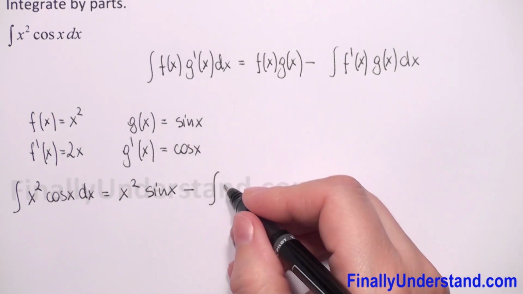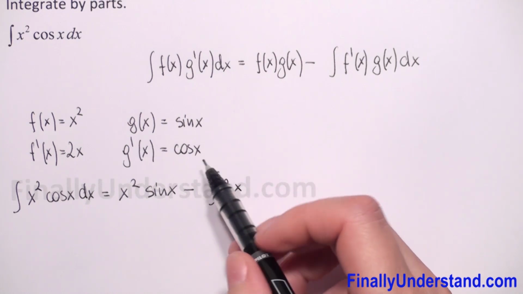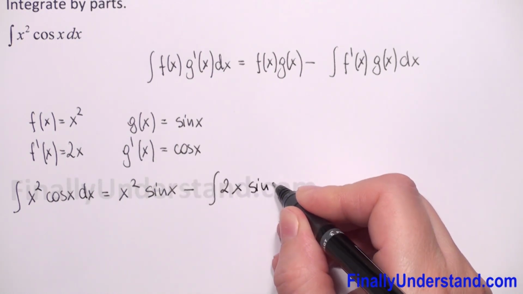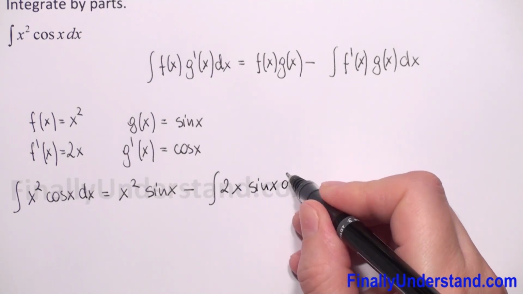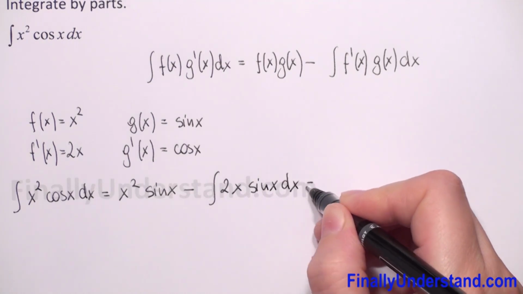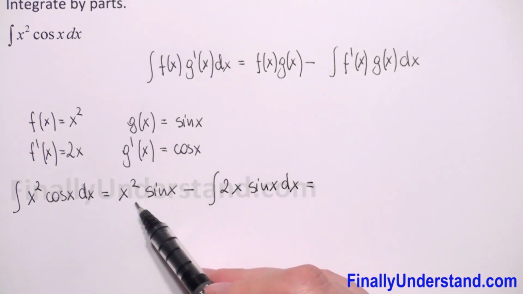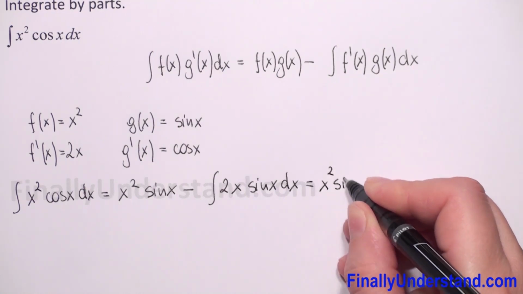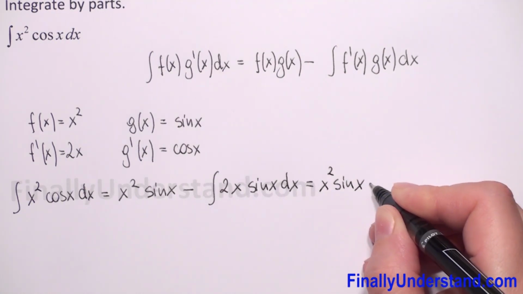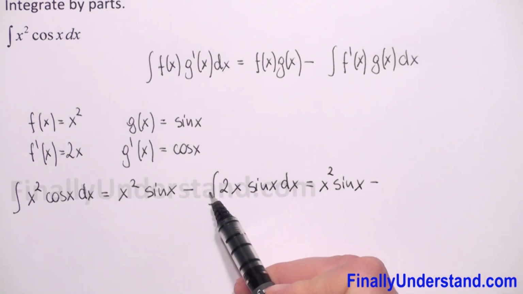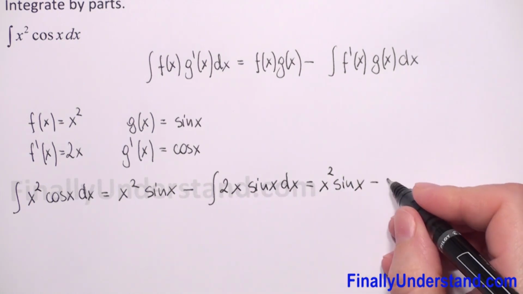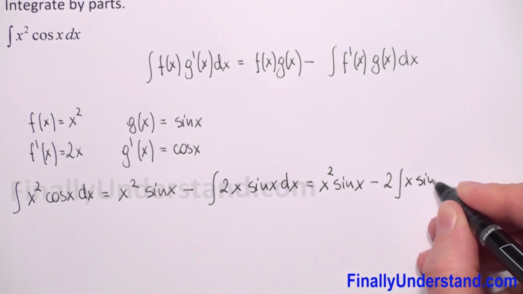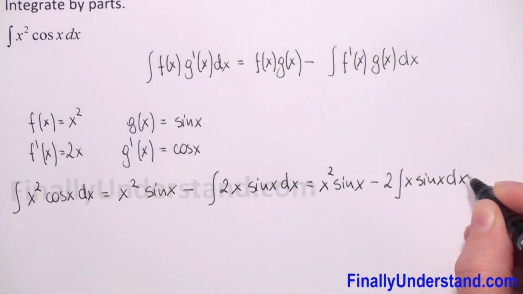F prime of x is 2x, g of x is sine of x, with respect to x. This is equal to x squared sine of x, and we have a constant too. So we take this constant before the integral, and we have x times sine of x dx.